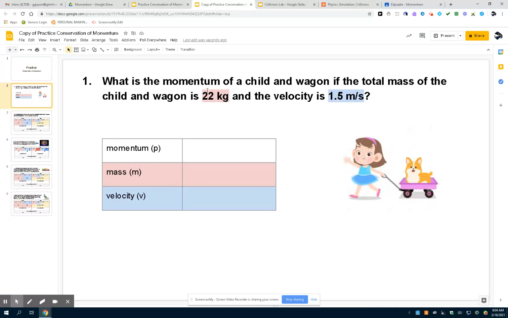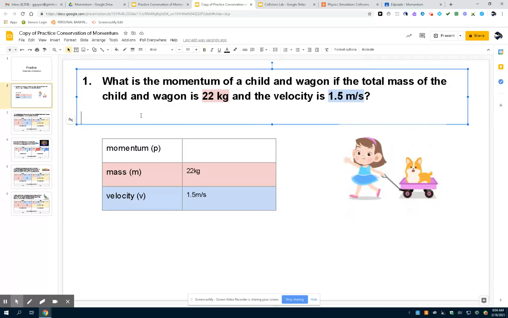So the first one was just a real simple momentum problem, okay, with the color coding. The 22 kilograms would just go right down where it's pink, okay, it's a pink number, pink box, so we just put that down here. 1.5 meters per second, that's the velocity. So to find the momentum, momentum is always just P equals M times V. So let me write that up here, P equals M times V. So we're just taking our mass times our velocity.